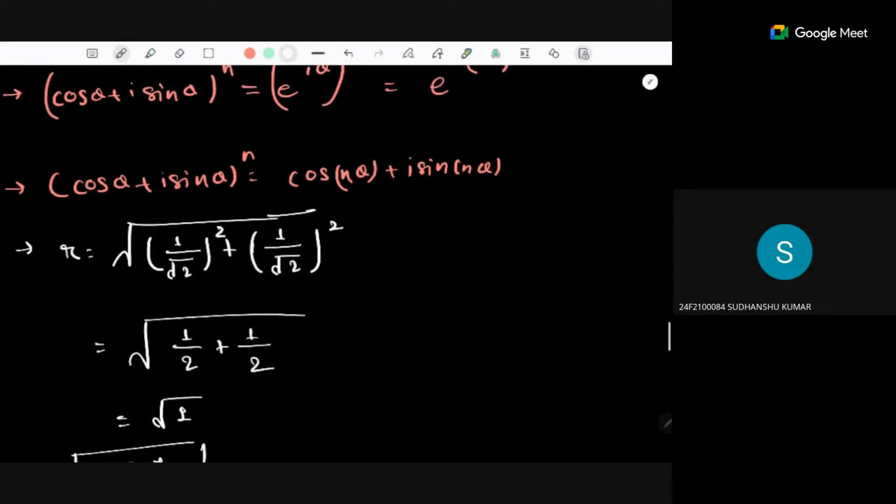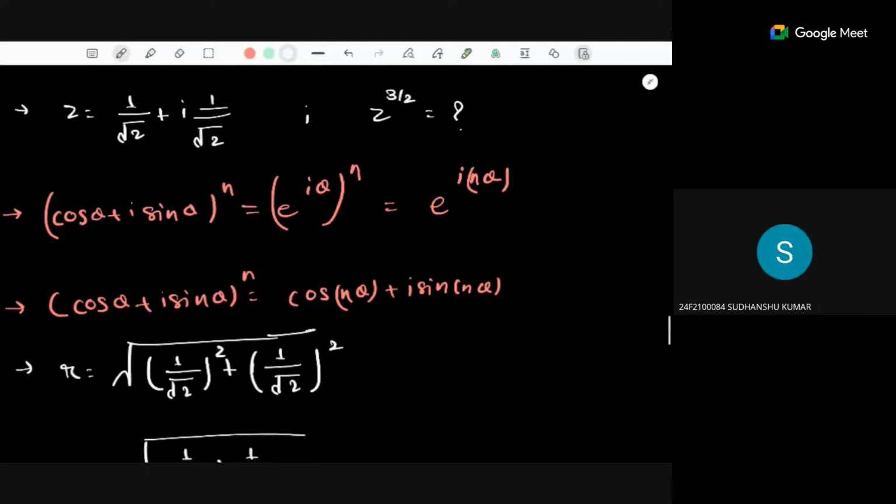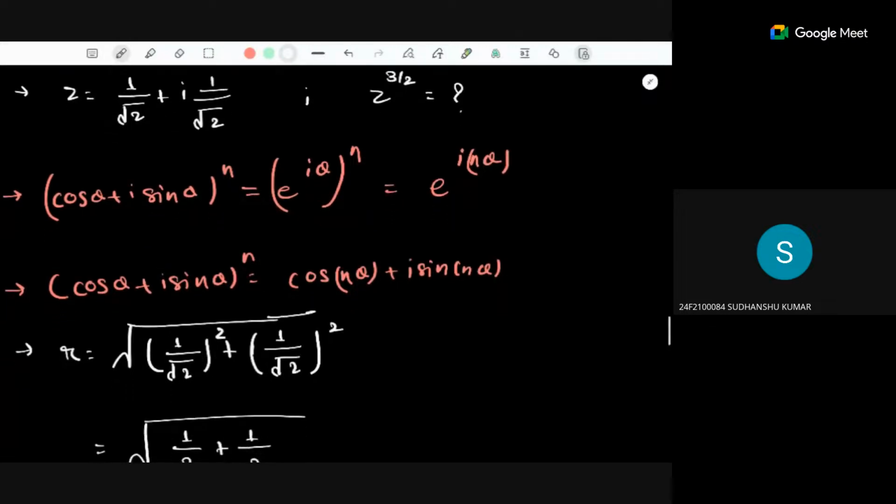Now the second part is to find the value of theta for this complex number. Whenever you want to find the value of theta, go by the graph. Going by the graph means first of all plotting this point, and understanding in which quadrant this point will lie, and according to that we find the value of theta. Here the value of a is 1 by root 2, and the value of b is also 1 by root 2.